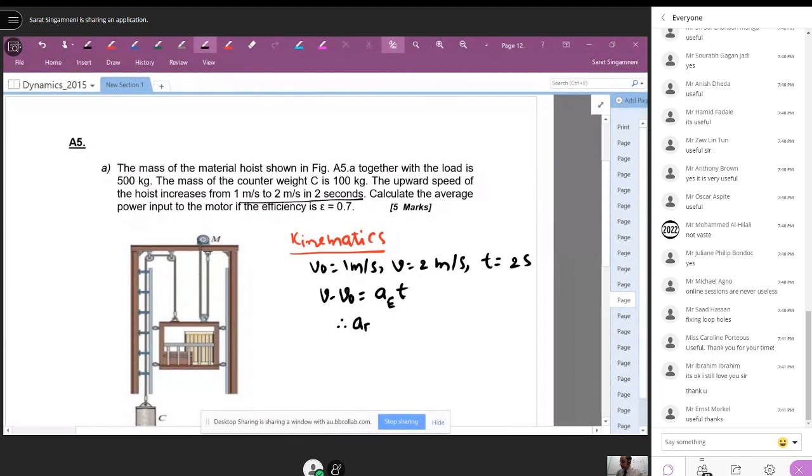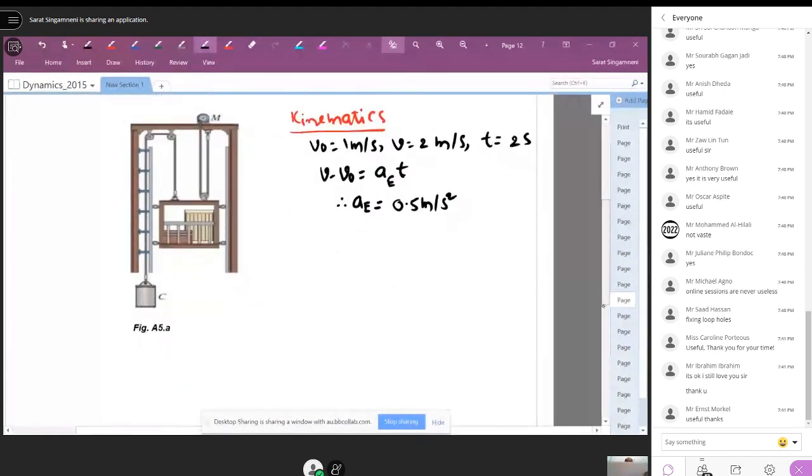From this, the acceleration of the elevator is equal to 0.5 meter per second squared. We want the acceleration of C also, and for that, connected motion.